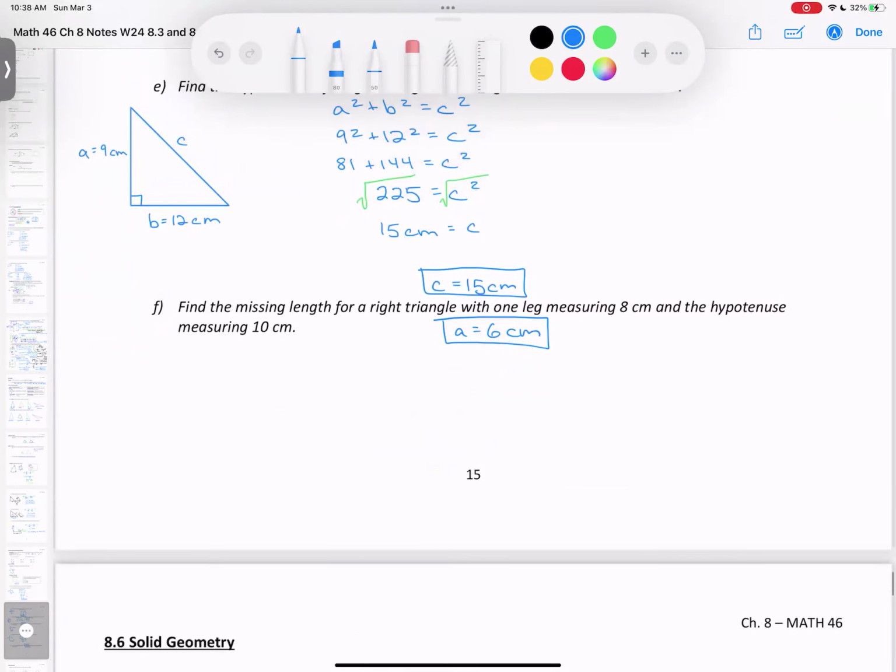Okay, last one. We want to find the missing length for a right triangle. We have one leg measuring 8 centimeters and a hypotenuse measuring almost the same length, measuring 10 centimeters. Okay, so our hypotenuse C is 10 centimeters. And then our longest leg over here, I'll call that A, is 8 centimeters.